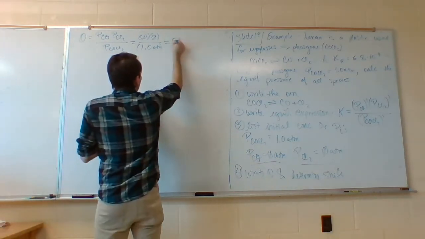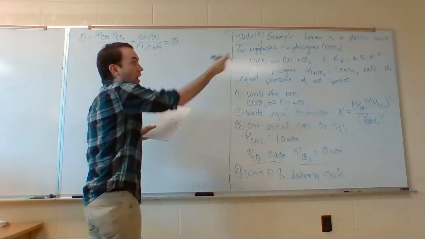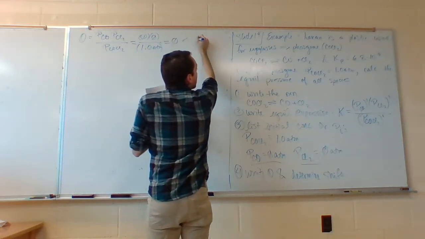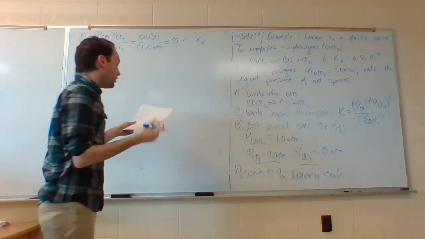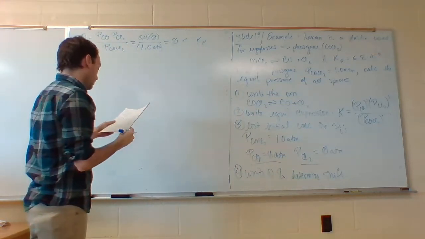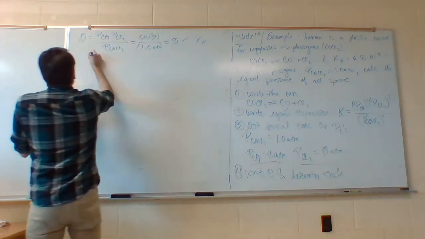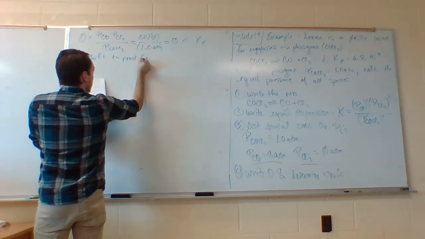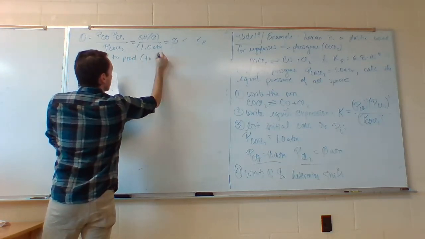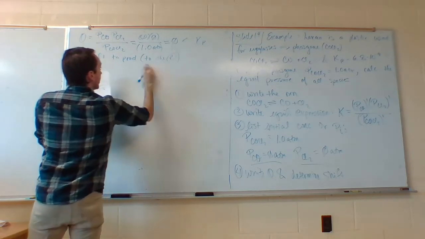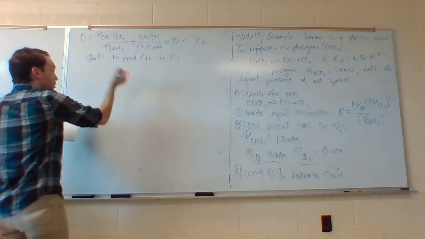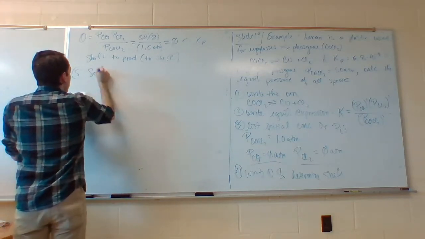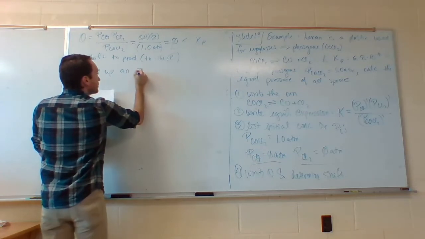Well, that's easy. That means our Q is 0, right? We've got our Kp, right? Q is much less than Kp, okay? And if Q is less than Kp, then that means that we shift to the products, or to the right, depending on how you like to define it, okay? So that is step 4. Step 5 is to set up an ICE table.